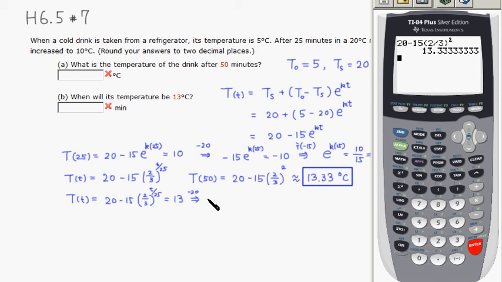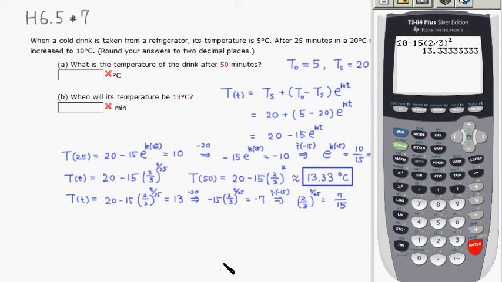We have negative 15 times 2/3 raised to the t over 25 is equal to negative 7. Then we divide through by negative 15, so the negative signs cancel out. You have 2/3 raised to the t over 25 equal to 7 over 15.